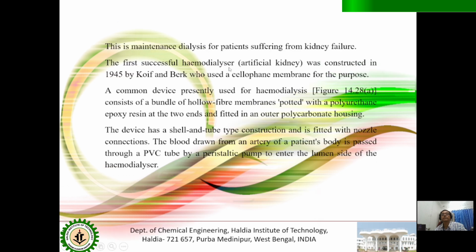The first successful hemodialyzer was constructed in 1945 by Pope and Bach. They used a cellophane membrane for the purpose. A common device frequently used in hemodialysis consists of a bundle of hollow fiber membranes coated with polyurethane epoxy agents at the two ends and fitted in an outer polycarbonate housing. So the device is a shell and tube type construction and is fitted with nozzle connections.